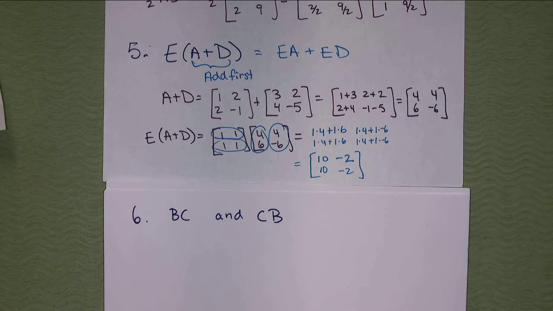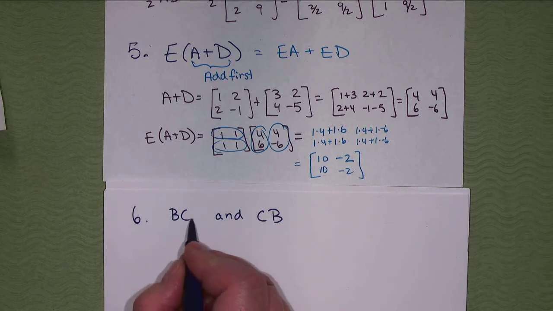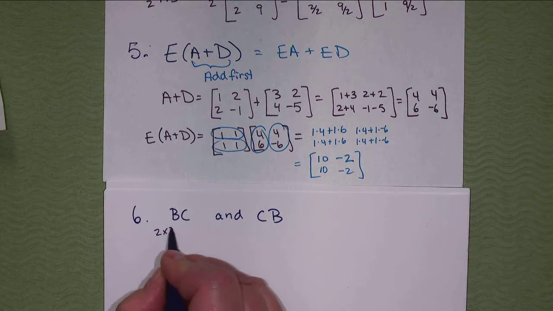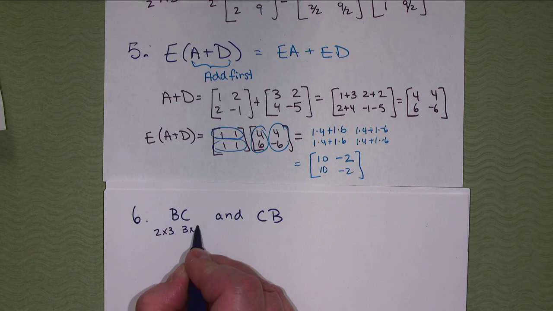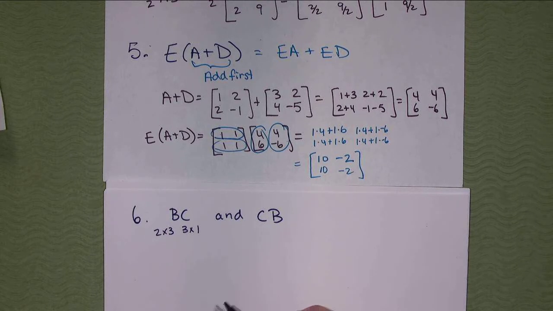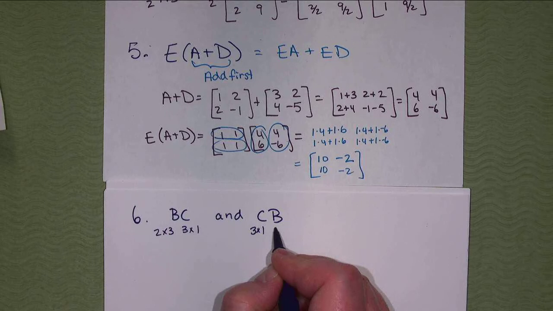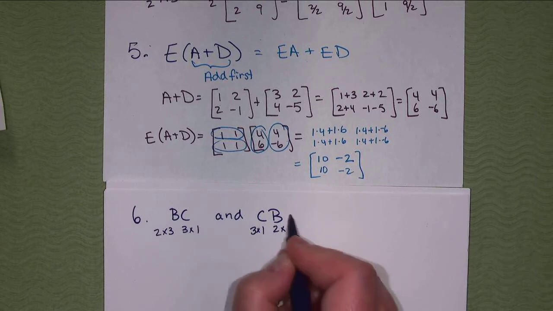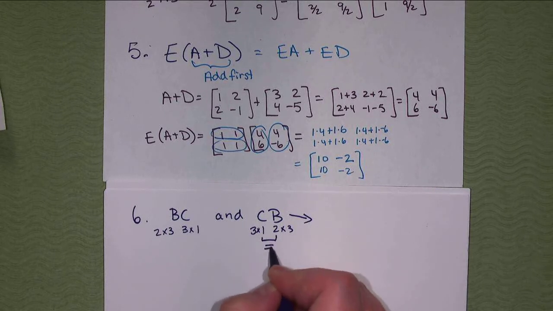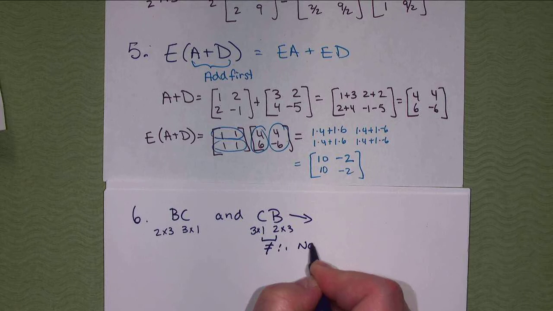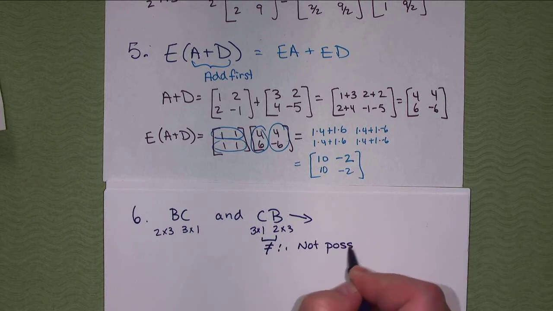No. Okay, so B times C. B is size 2 by 3, and C is size 3 by 1. So that will work. We can do that. What about this one? 3 by 1 and a 2 by 3. So this one, not equal, therefore not possible. So that's that one. B times C we can find.